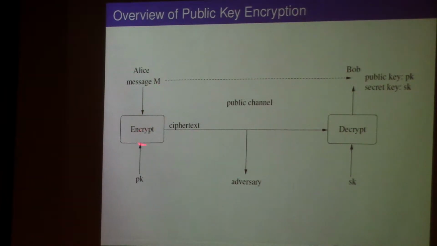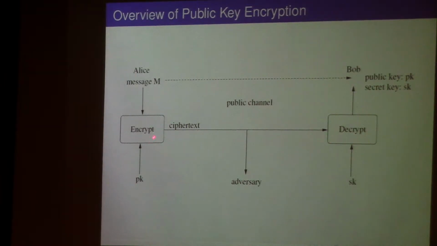Apply a transformation called encryption on the message to produce what is called a ciphertext, which is sent across the public channel, and then that is decrypted by Bob to get back the original message. These two transformations, encryption and decryption, are inverses of each other, and designing these transformations constitutes essentially the task of a cryptographer.